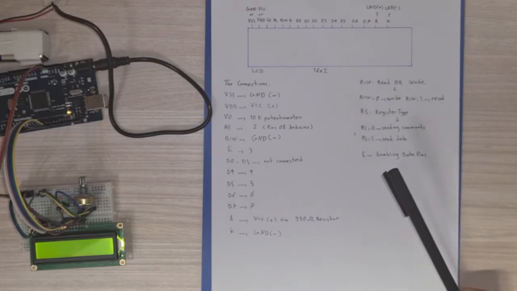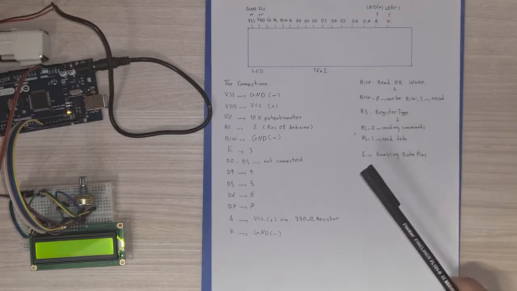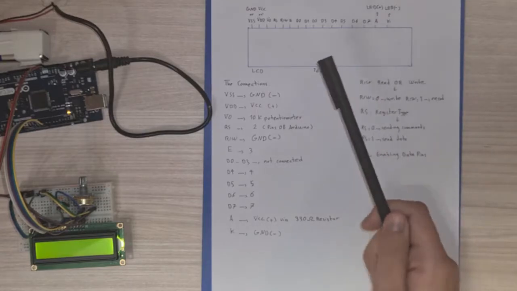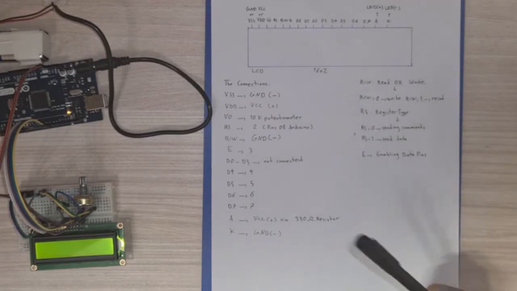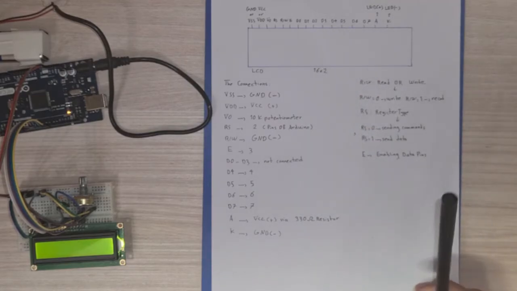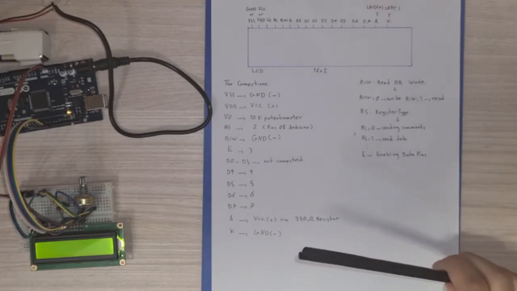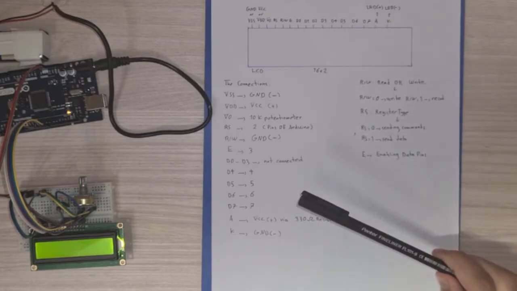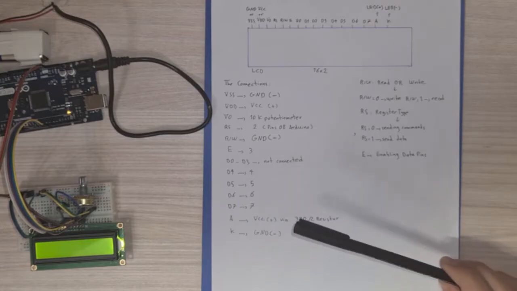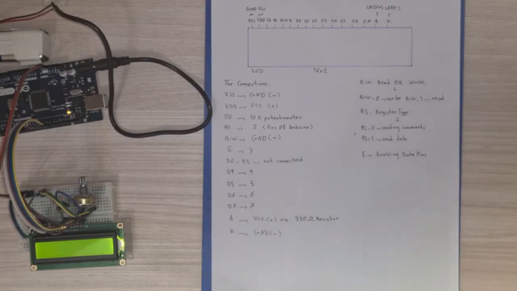And what's the difference? Actually, it doesn't have any special difference. It's just that when we use just 4 pins of data, it takes twice the time compared to when we use 8 pins of data, because the LCD uses 8 bits of data for the characters.